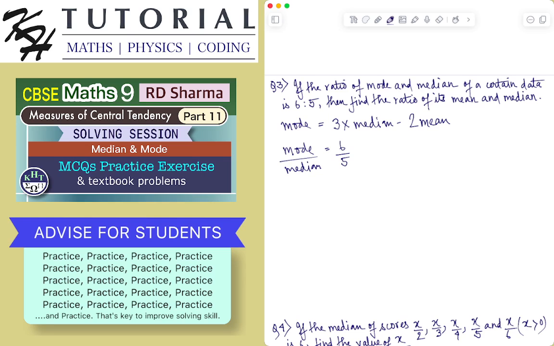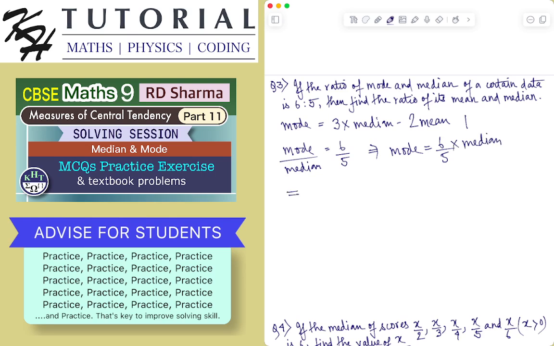So we have to find the ratio between mean and median, and we have this empirical relation between mean, median and mode. So obviously I have to express mode in terms of mean or median. So from this given ratio, mode by median is 6/5, I have mode is equal to 6/5 multiplied by median.